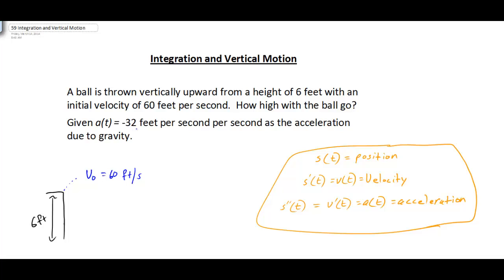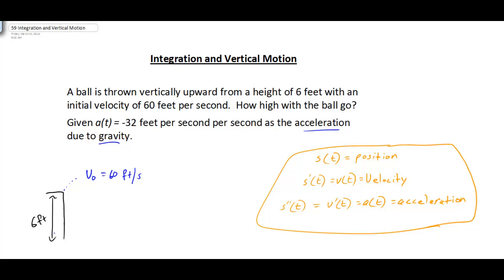So here, this negative 32 feet per second means every second we're accelerating 32 feet per second. And if you've never had physics before, this negative 32 is your acceleration from gravity.